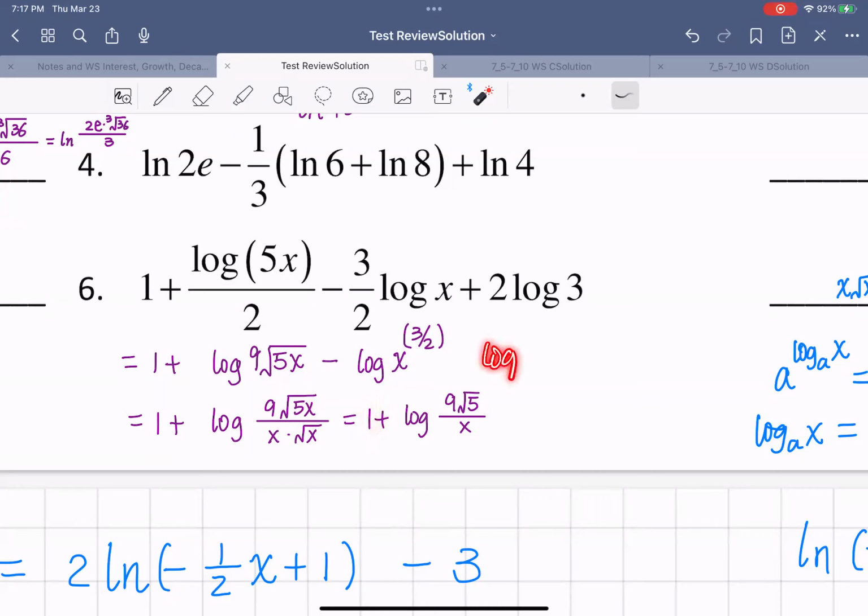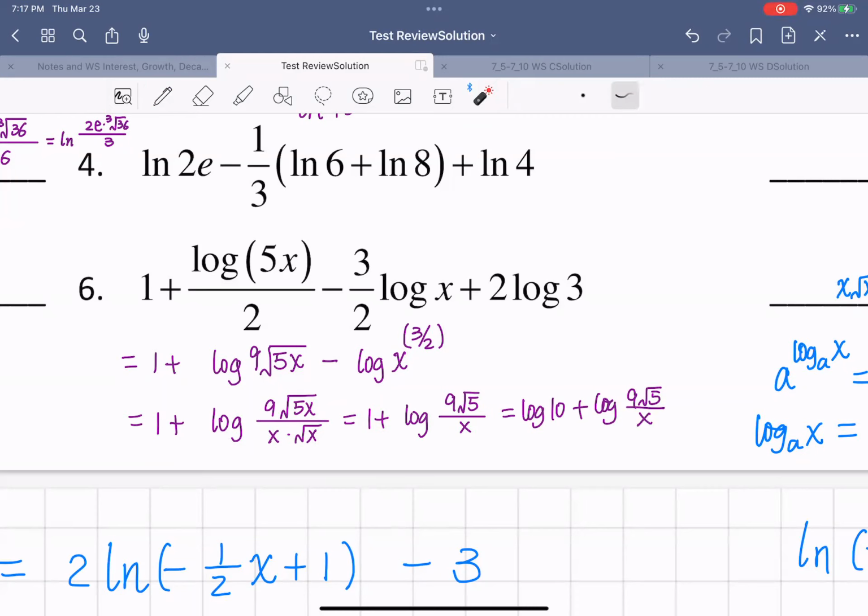Sure. Log of who gives you a 1? This is 10. Very good. So this is log 10 plus log of this.